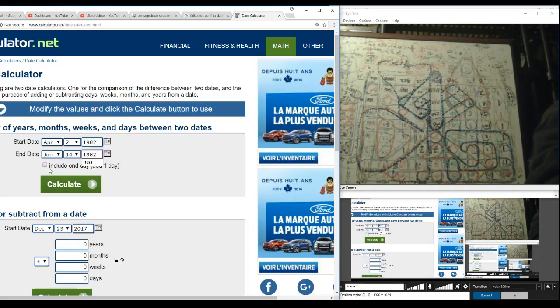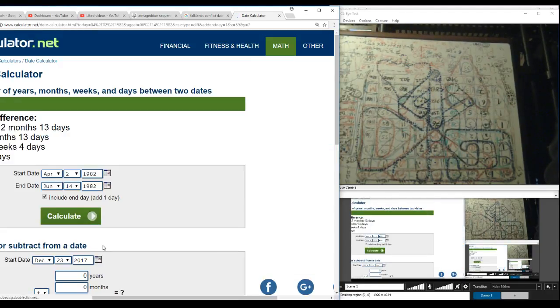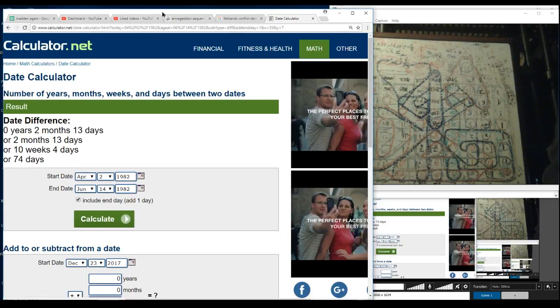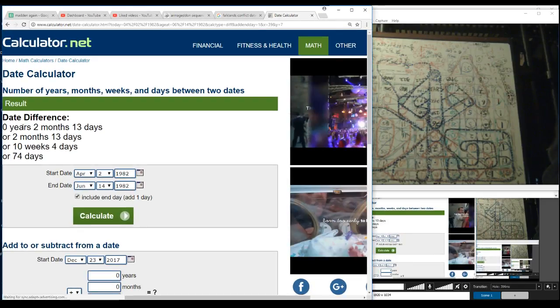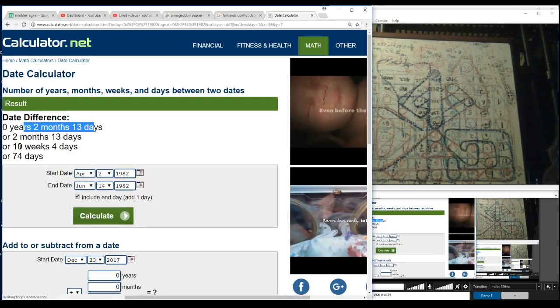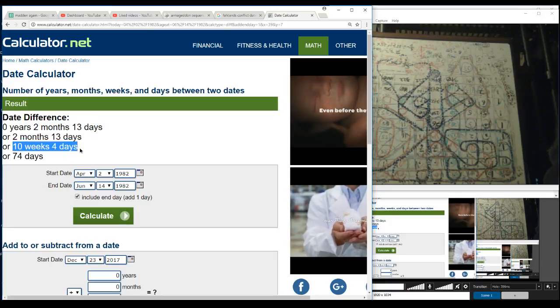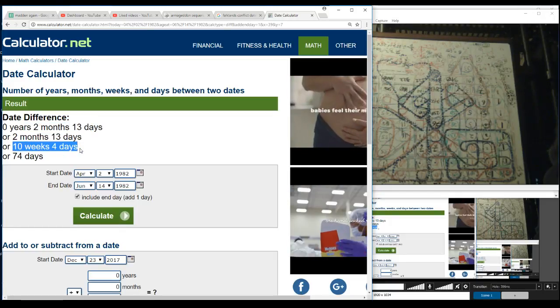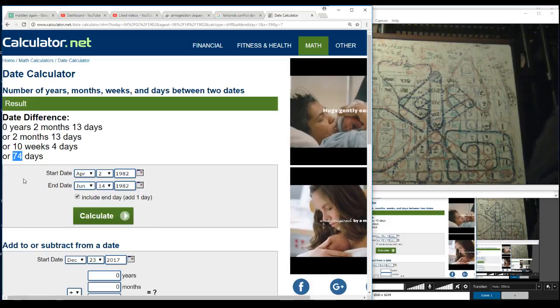So the fall, and let's include the last day. Let's include the +1 circle. Calculate. Alright, so 2 months, 13 days. Okay, 10 weeks and 4 days. So 74 days, guy.